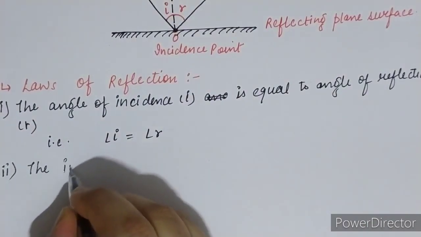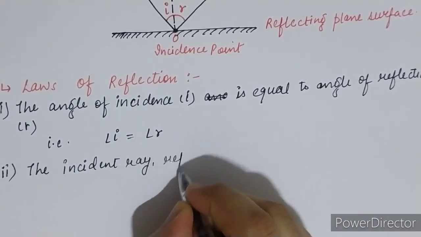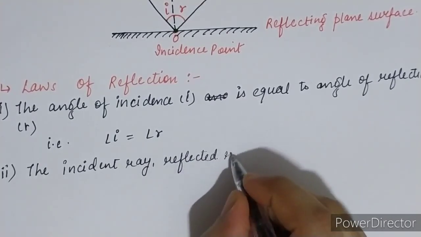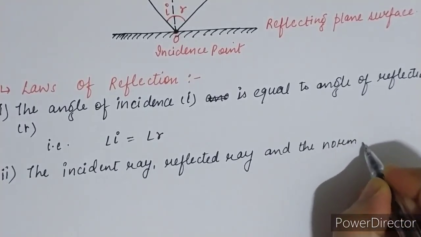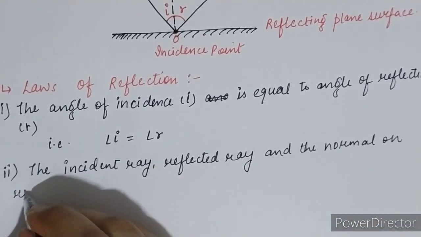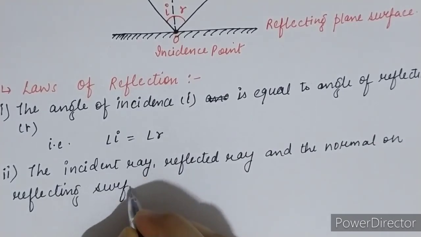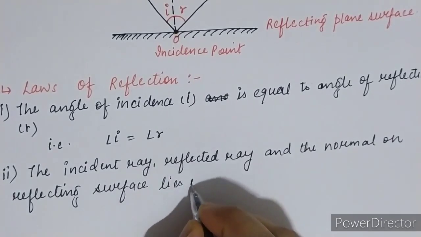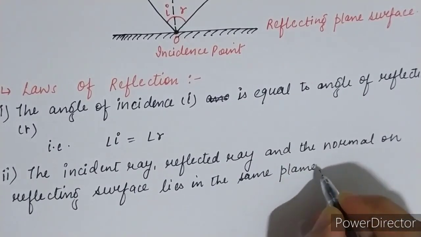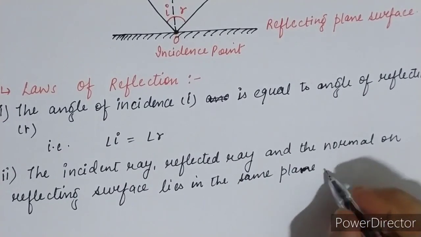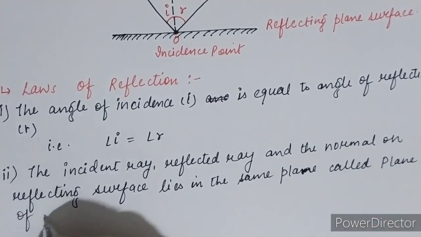Second one: the incident ray, reflected ray and the normal on the reflecting surface lie in the same plane, that is called the plane of incidence.